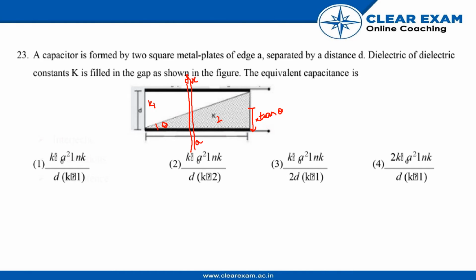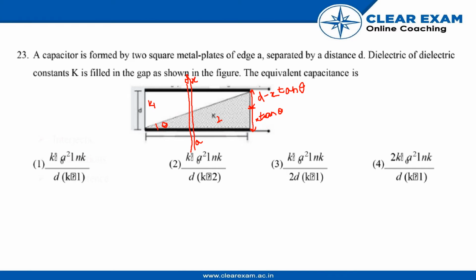So the remaining one from here will become d minus x tan theta.